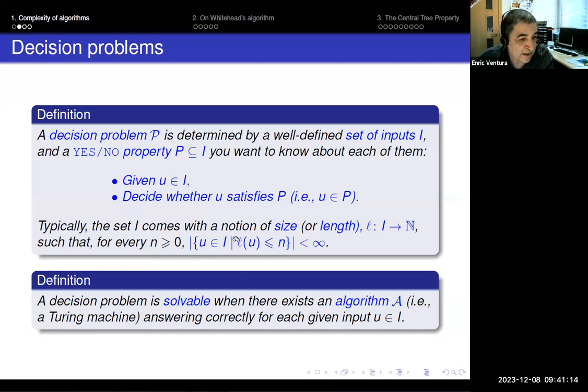And then solving a decision problem is just finding an algorithm in the sense of a Turing machine. There are other models of computation, but let's restrict ourselves to Turing machines. If there is an algorithm answering correctly for every input.